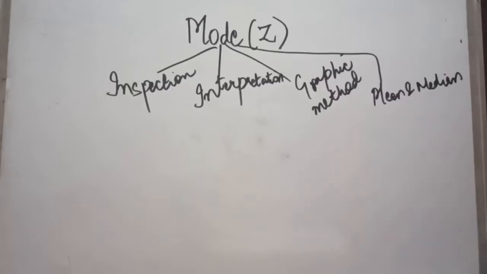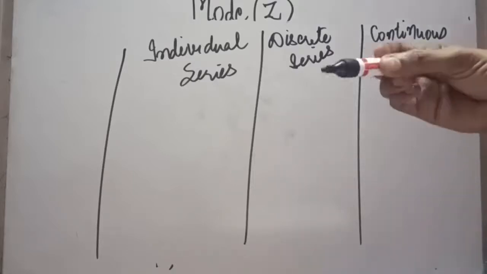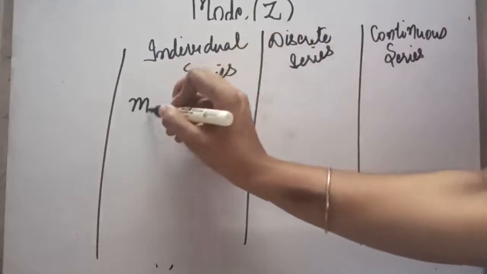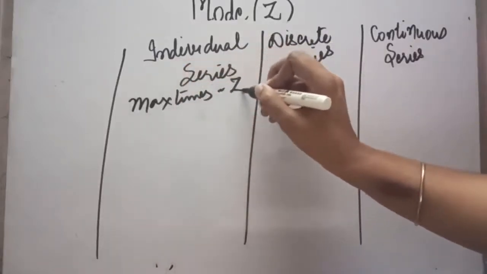Now let us see the calculation of mode in all the series: individual, discrete and continuous series. In case of individual series, mode will be the item that is appearing maximum number of times. With the help of the inspection method we can see the item appearing the maximum number of times, and that will become our modal value.